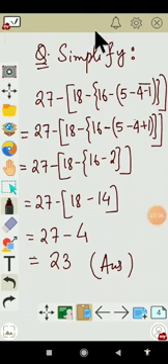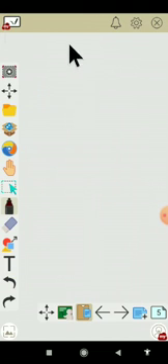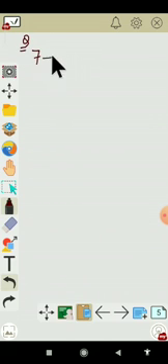Now the next question we will check in a similar way, that is again a simplification.